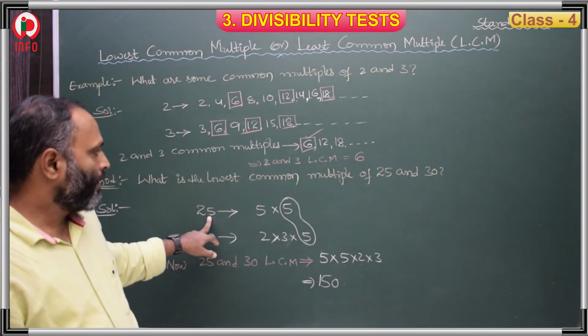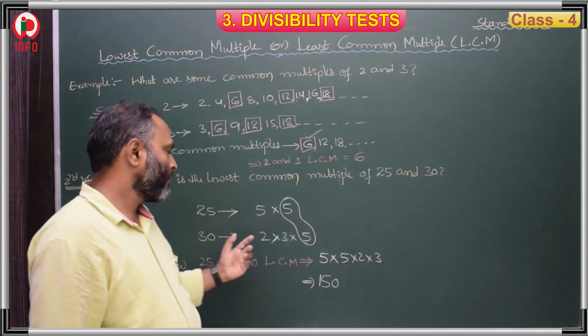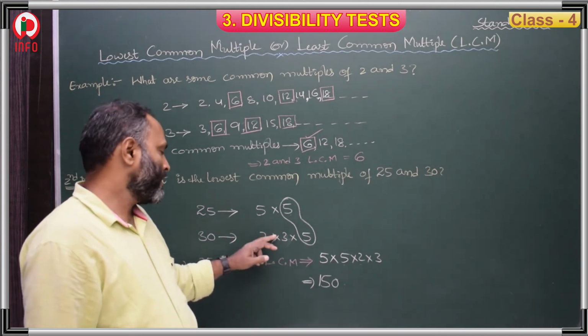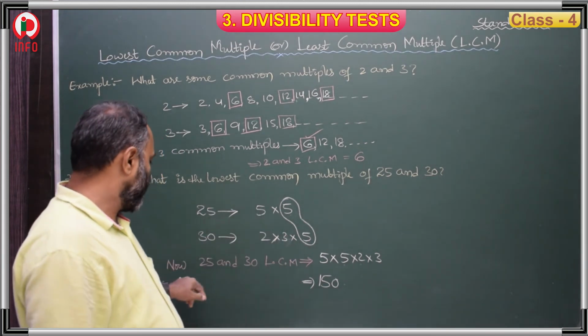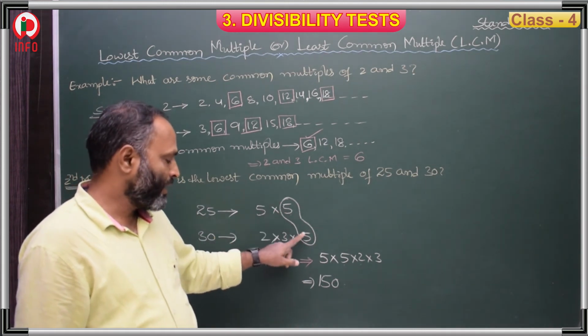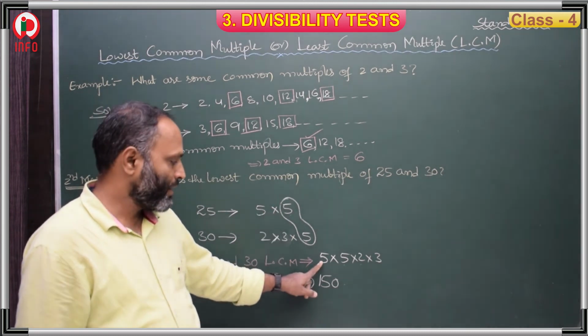Once again: the prime factors of 25 are 5 into 5, and of 30 are 2 into 3 into 5. For the LCM of 25 and 30, the 5 appears in both, so we take it one time.